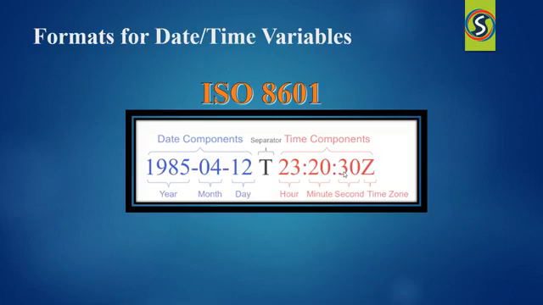HH represents 2 digits of hour, and AM or PM are not allowed in the case of time.